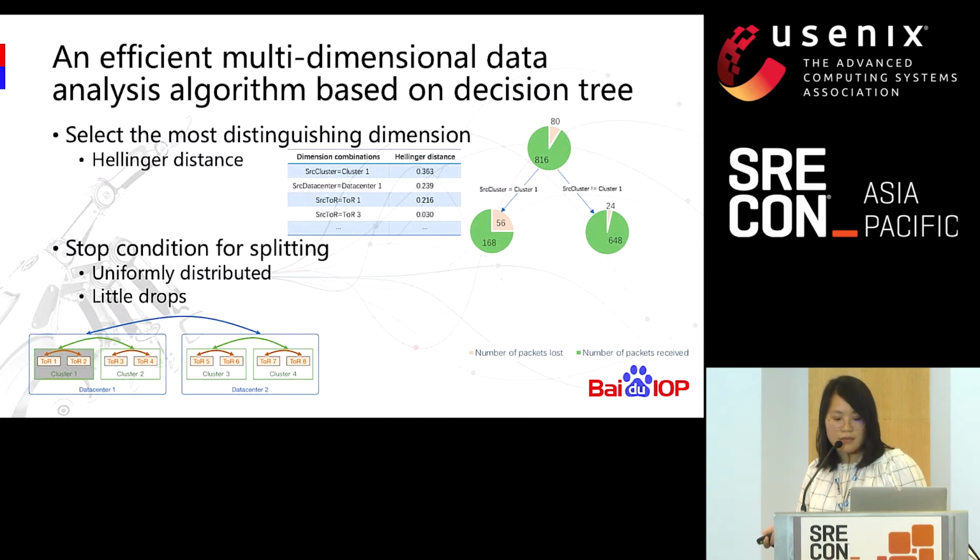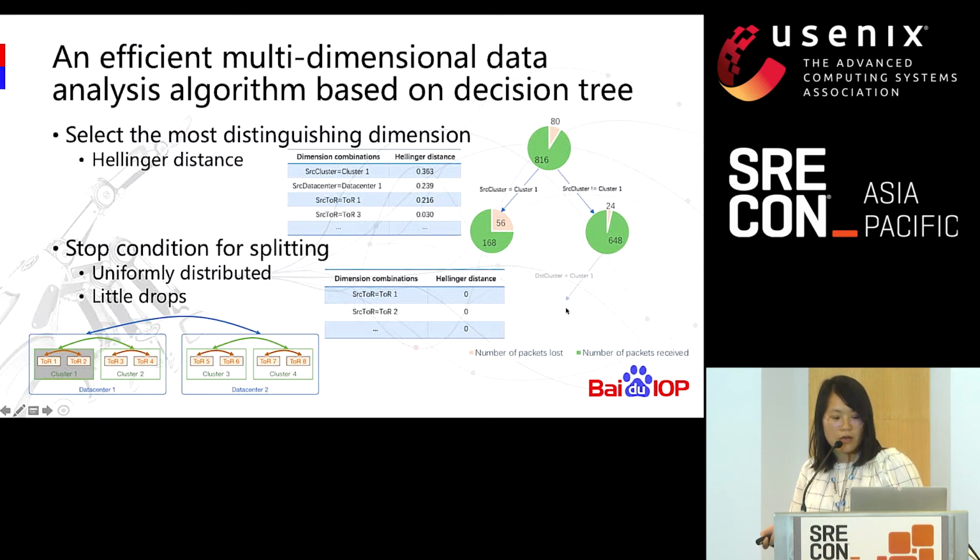We can see that the left node contains the most jobs. For the left node, the samples can be only divided by TOR tags. The Hellinger distance is 0 when splitting with TOR 1 or TOR 2, which means the jobs are evenly distributed across this node. So we stop splitting this node. Repeat the process for the right node.